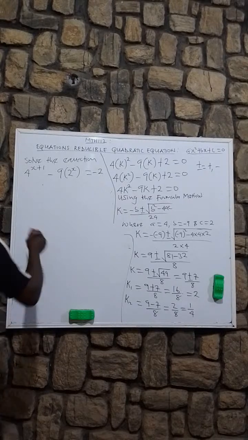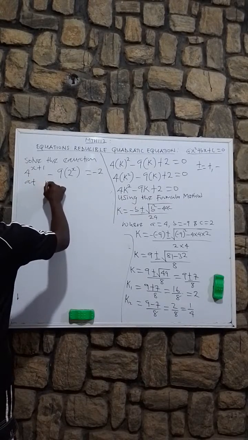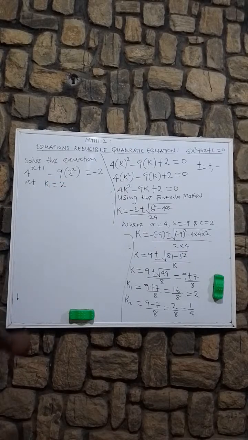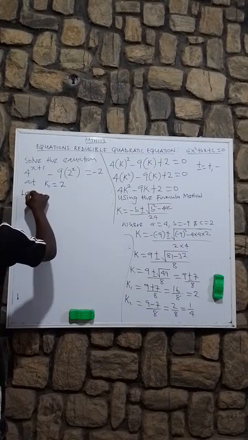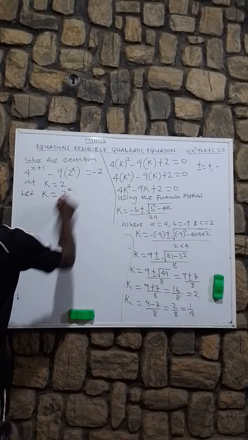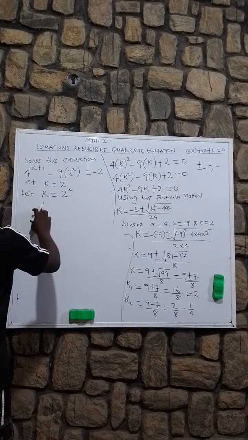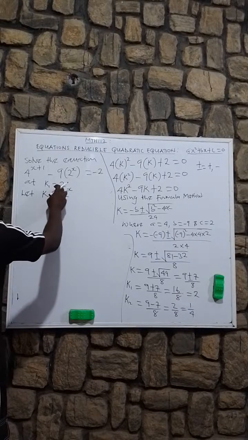So now you write, at k1 equals 2. Remember you said let k be equal to 2 raised to the power of x, isn't it? So as k1 equals 2, anywhere you see k, you write 2.